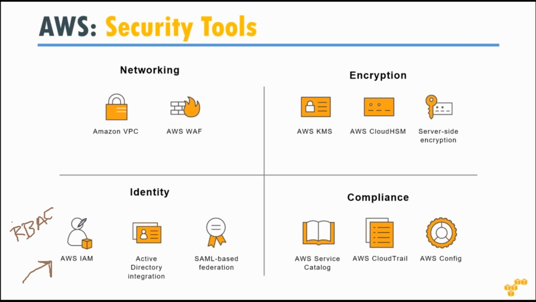You can also bring your on-premise AD and bring federated identity management to the cloud. This is a little complicated to set up, but it is getting more and more common nowadays because a lot of enterprises have their AD or LDAP systems on-premises, and they want to use the same thing in the cloud. So that integration is possible, and SAML-based authentication is also possible.